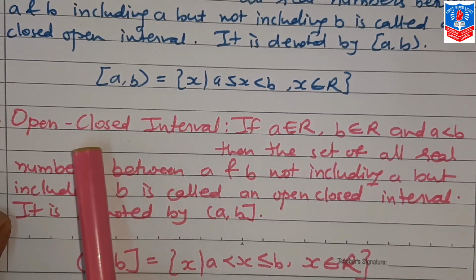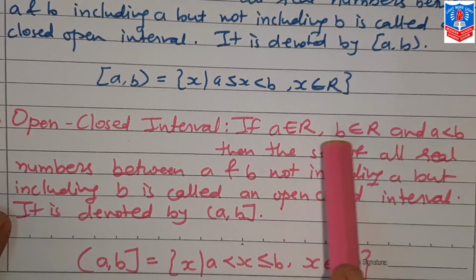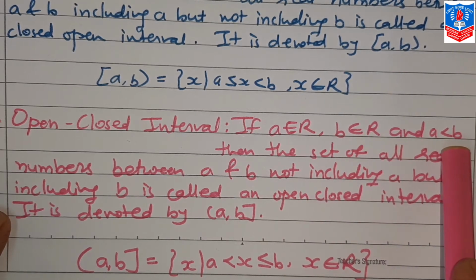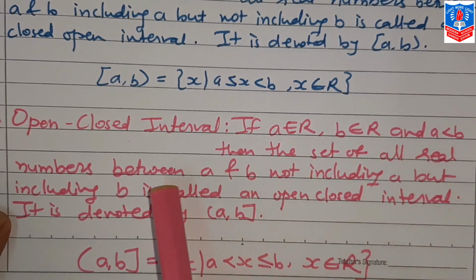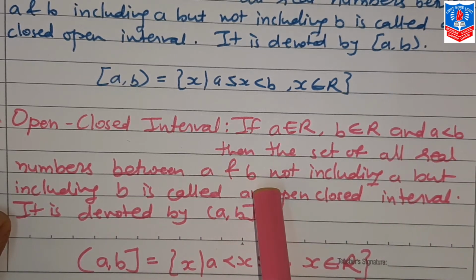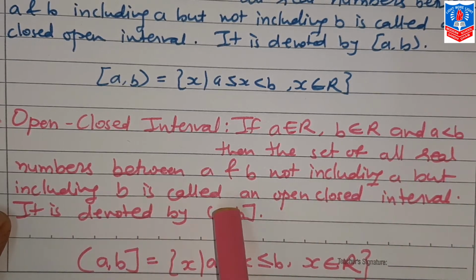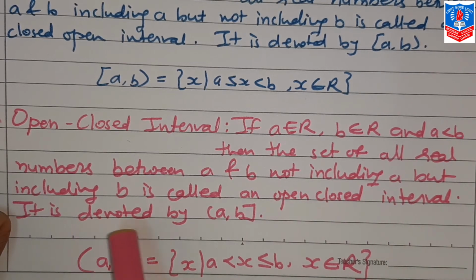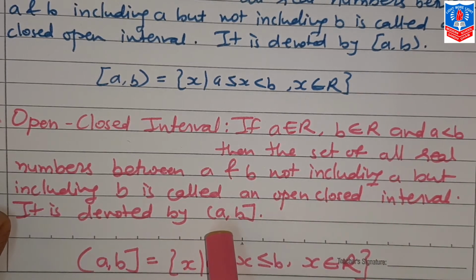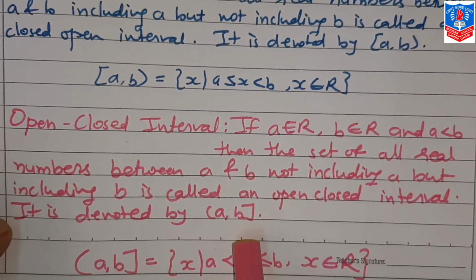Last type, that is the open closed interval. Same, A belongs to R, B belongs to R, and the value of A is less than B, then the set of all real numbers between A and B, not including A but including B, is called an open closed interval. Again, it is denoted by A, that is open, so small bracket, B, it is closed, so big bracket.